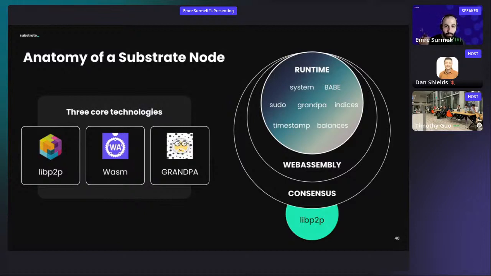That fallback is called BABE, and BABE and GRANDPA work together to have very quick finality on-chain. Because GRANDPA is deterministic and has some edge cases, BABE is there to provide the canonical longest-chain approach that Bitcoin has in its type of finality. So it's what we call a hybrid consensus. It's really cool.